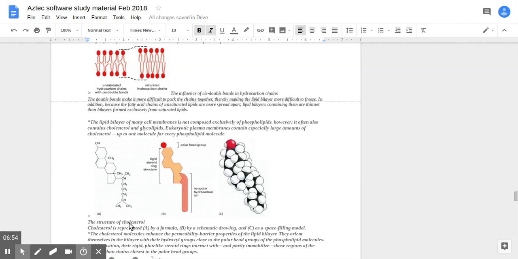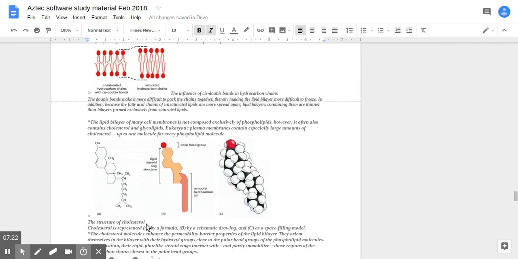The structure of cholesterol is shown in this diagram. Cholesterol contains a polar head group in red, a rigid steroid ring structure, which is 4 carbon rings, 3 have 6 carbons, while the 4th ring has 5 carbons, as well as a nonpolar hydrocarbon tail.